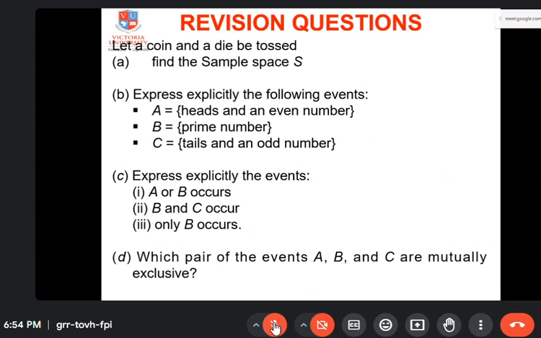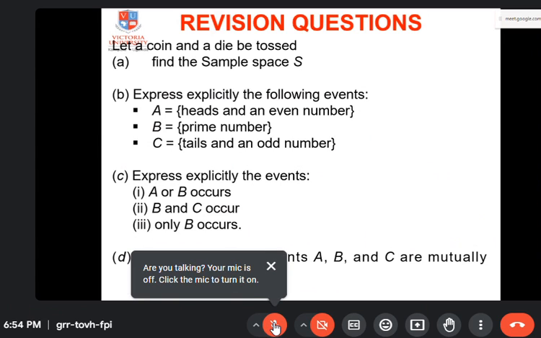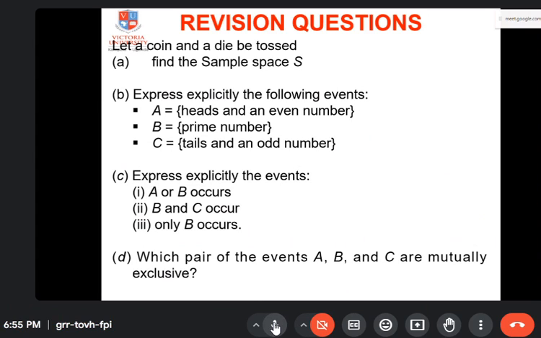Okay, I think that is also okay. Then part C where you have a tail and an odd number. Very good.